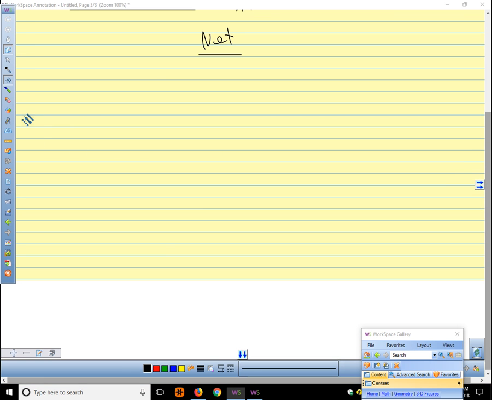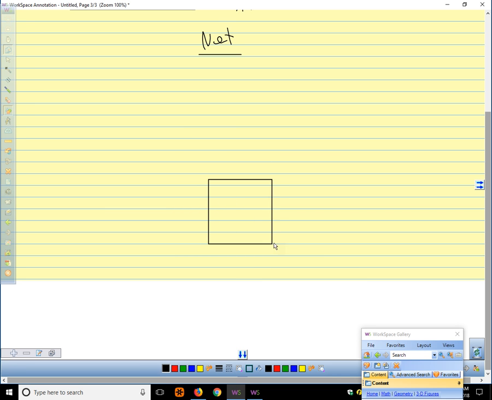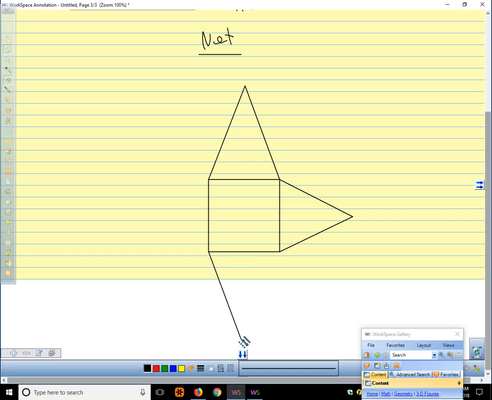So here is my base, and we get a triangle on each side. So our lateral faces are all triangles, and my nets don't always turn out perfect, but just pretty close. So my net looks like this. If I folded that up, all the triangles meet at the vertex.